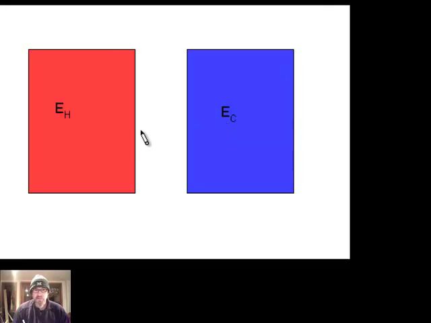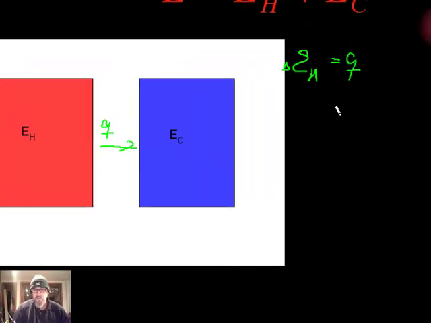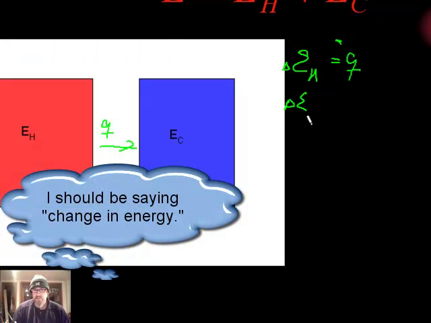Now let's look at what happens during this change. There's Q. The change in energy of the hot object is equal to Q, but it's a negative number because it's a loss in energy. The change in energy of the cold object is equal to positive Q because it gains energy.